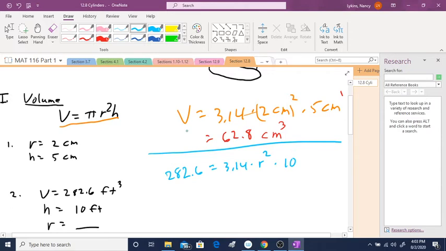On the next step, take your 10 multiplied by 3.14, and you get 282.6 equals 31.4 times radius squared.